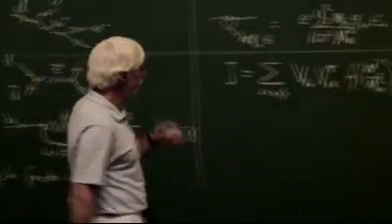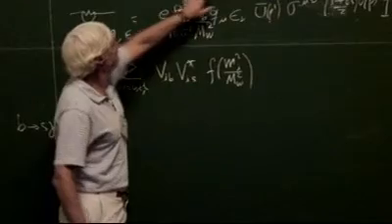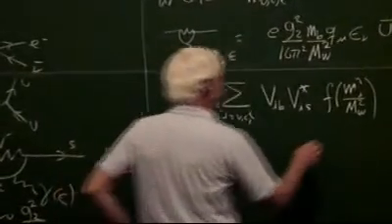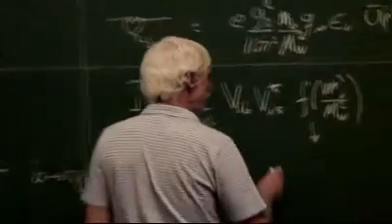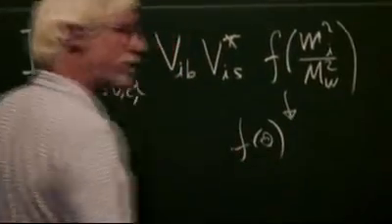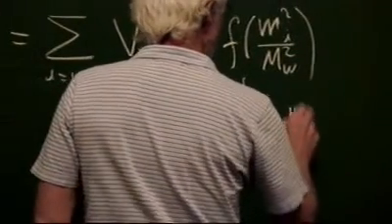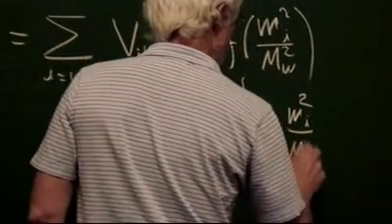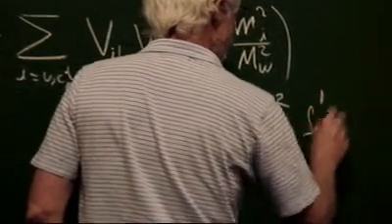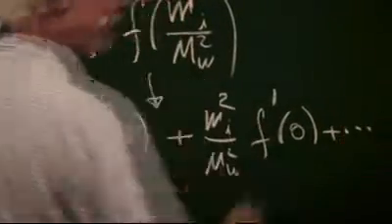Now, here's the interesting thing. This is the fantastic thing about the GIM mechanism. Since I'm assuming that these masses are small compared to M_W, I can take this function and expand it in a Taylor series expansion. So I can say this is f of 0 plus m_i squared over M_W squared, the derivative of the function at 0, and so on.